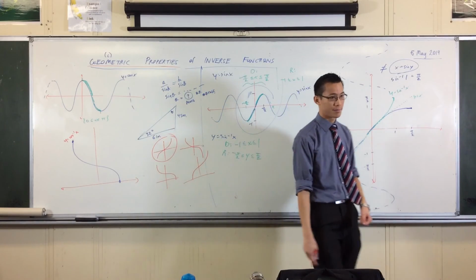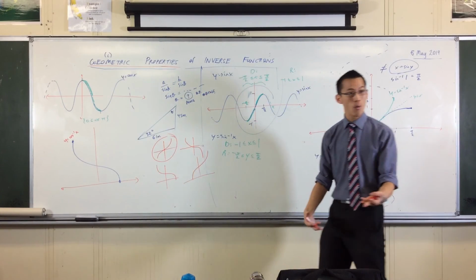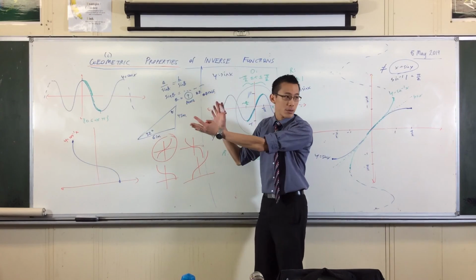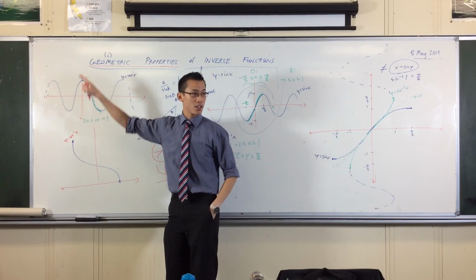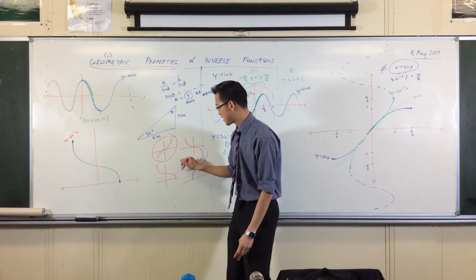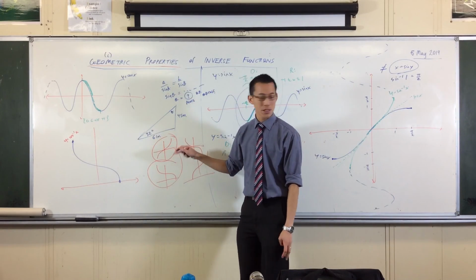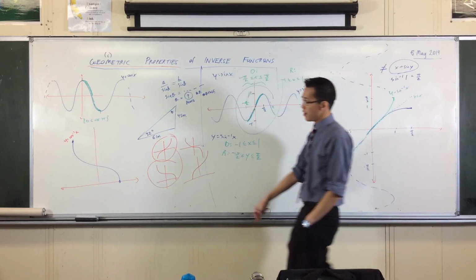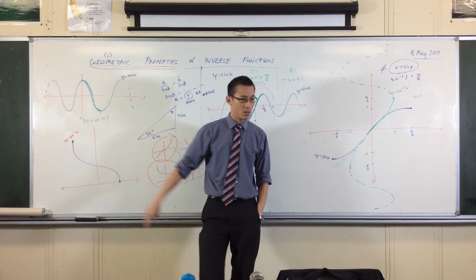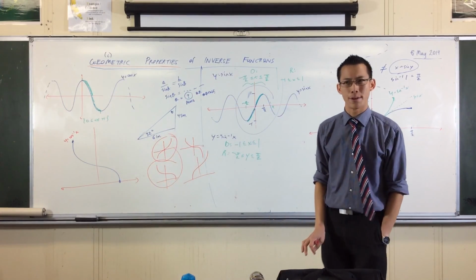It must be increasing. In exactly the same way, what portion of cos have we chosen to restrict? We've chosen a decreasing part, right? So when you reflect it, it's still decreasing. So sine is increasing, so is sine inverse. Cos is decreasing, so is cos inverse. That's a helpful cue for you to remember it.